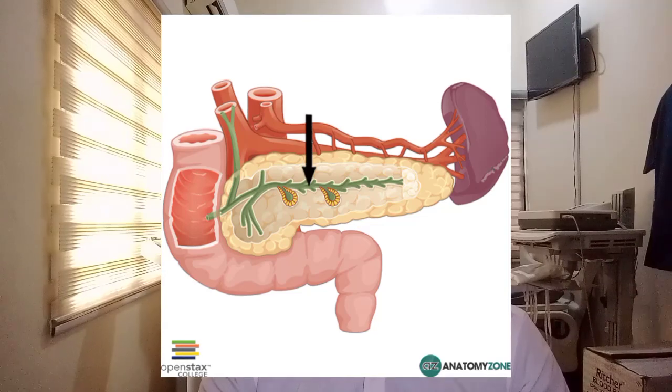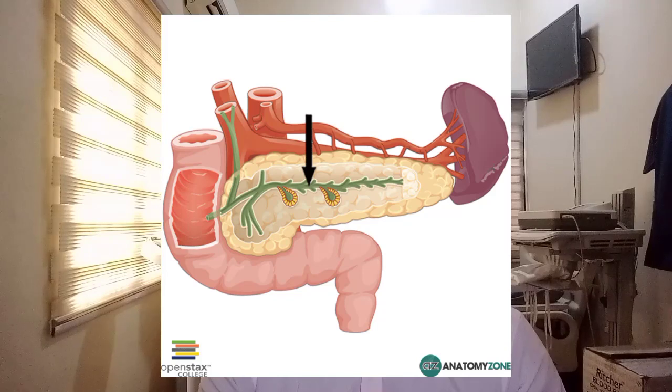The mean internal diameter of the main pancreatic duct measures 3 mm in the head. It measures 2.1 mm in the body and 1.6 mm in diameter in the tail.